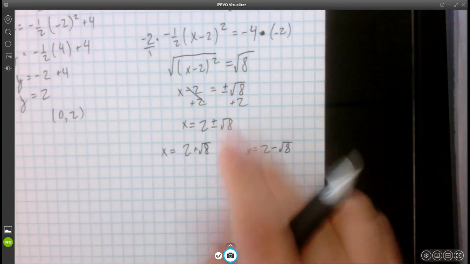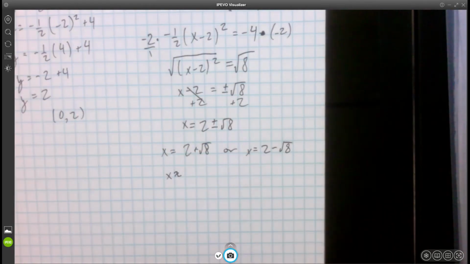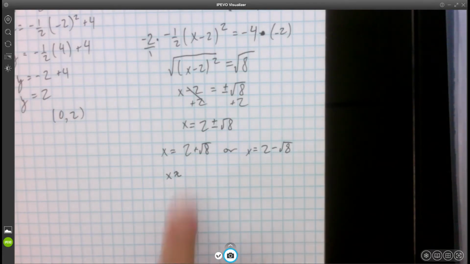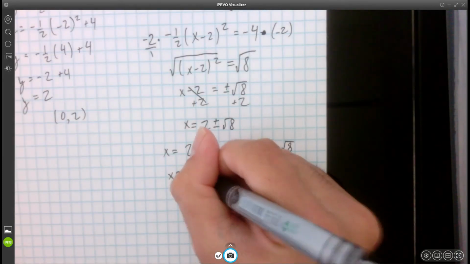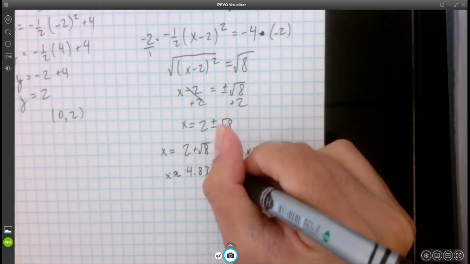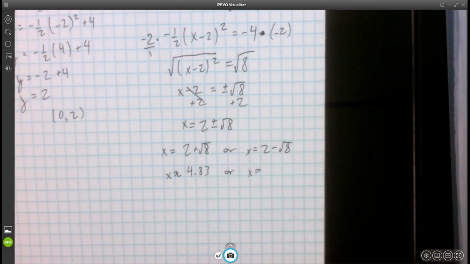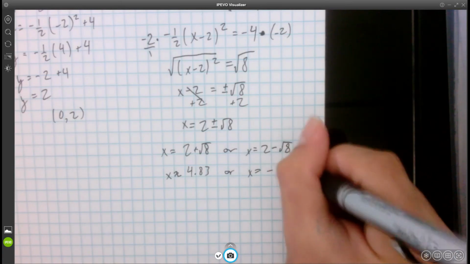Now I'm going to simplify and write approximations. Let me enter that into my calculator. x is 2 plus root 8, which is approximately 4.83. Or x is equal to approximately negative 0.83.